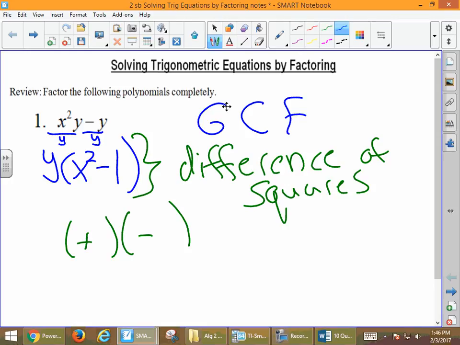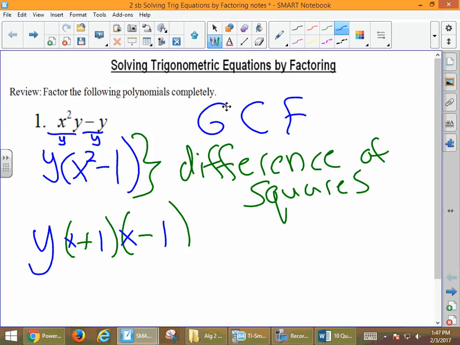And we have to take the square root of each piece. So the square root of x squared is just going to be x, and the square root of 1 is going to be 1. And so we have x plus 1 and x minus 1. And then, of course, we have our y that's still on the outside. So now we completely factored x squared y minus y.